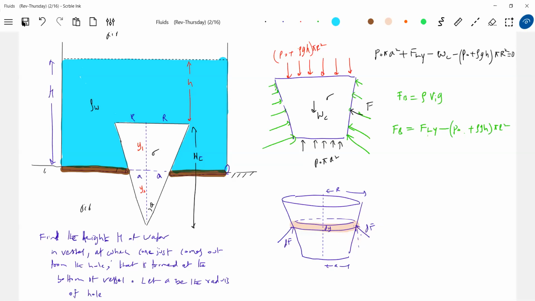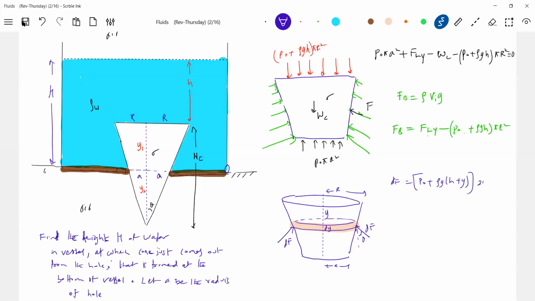If this is theta, I think it should be theta. Now, what is dF? First you define, so let this be at a distance of y. Now, what is the pressure at this point? dF should be equal to P naught plus rho g (h plus y) into the area of this.